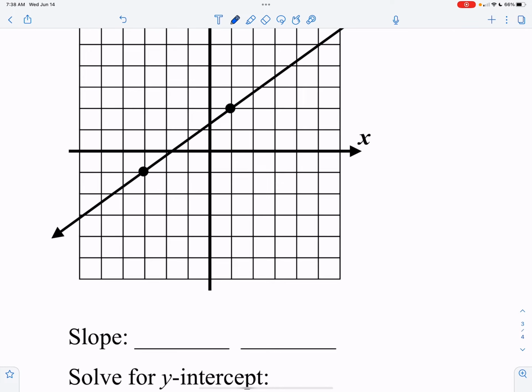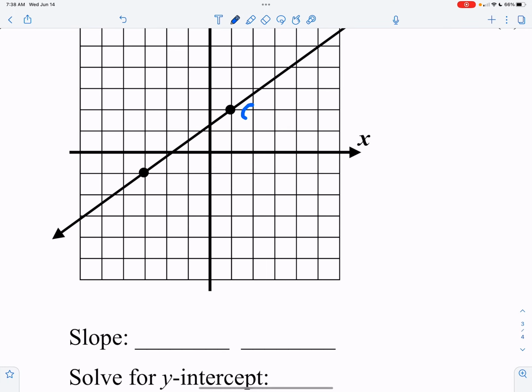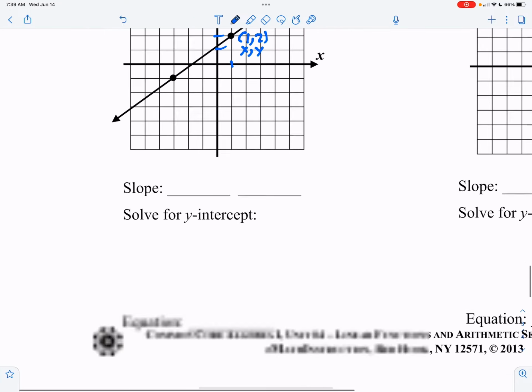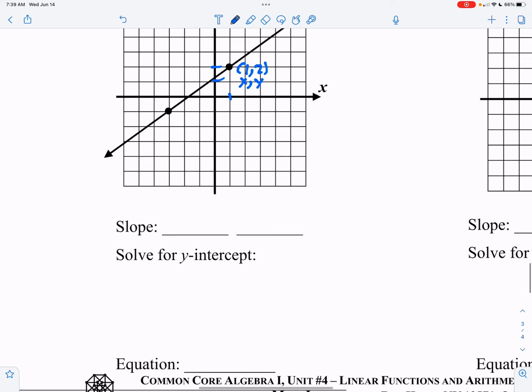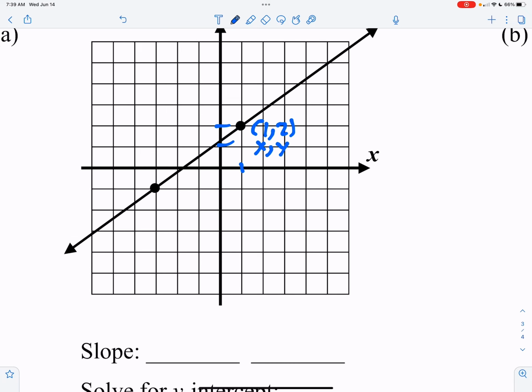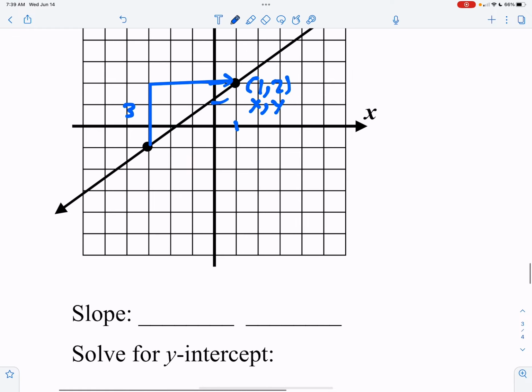So I'm going to choose this point here, which is over 1, up 2, this point of (1, 2). That's my xy coordinate pair. Okay, so now the slope for this would be up 1, 2, 3, a rise of 3, over 1, 2, 3, 4, a run of 4.